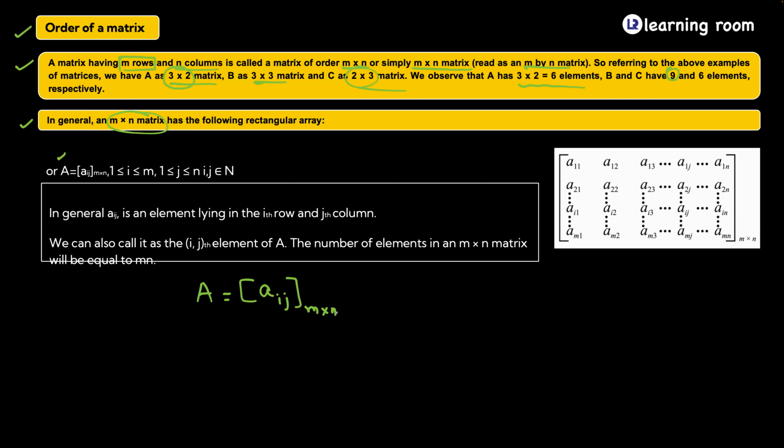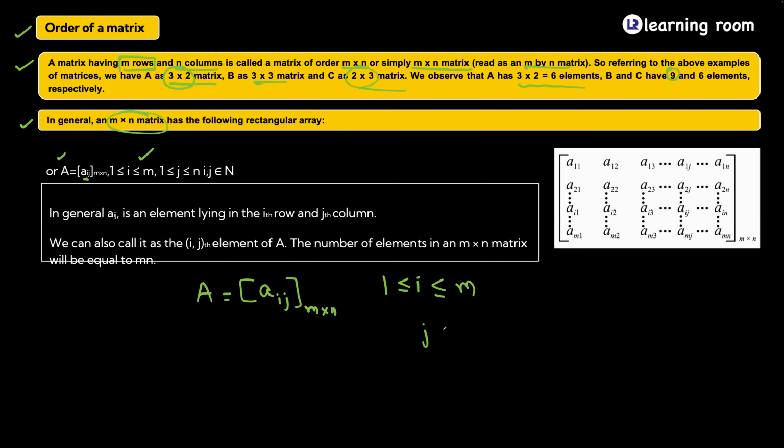Where is i going to lie? i is going to be greater than or equal to 1 and less than or equal to m. Similarly, what can you say about j? So this is i, this is j. j will be greater than or equal to 1 and less than or equal to n.